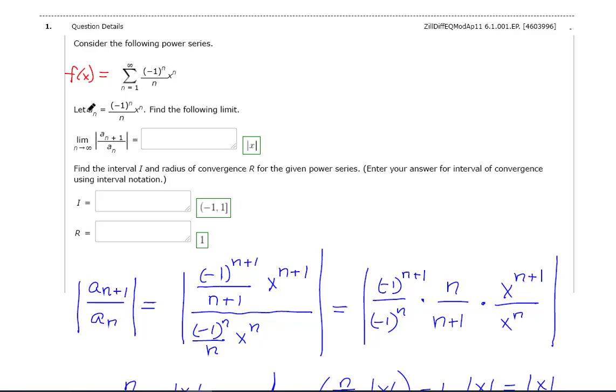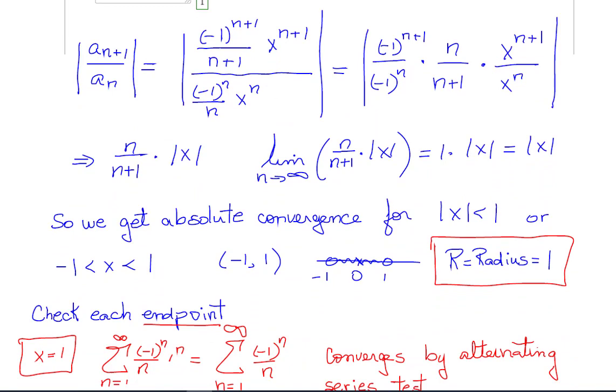So let's see, what does this mean for our ratio test? So what I do is I take a n plus 1, so I substitute in n plus 1 for all of the terms, put that over a n. And so now when I simplify this, I'm going to put things that look alike together. So I've got the minus 1 terms, the n terms, and the x terms. Well, let's see.